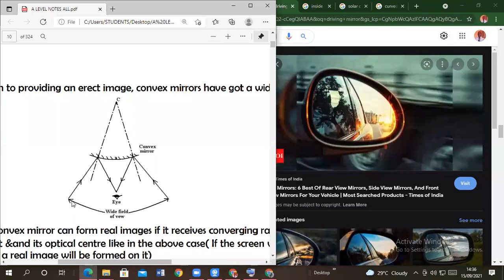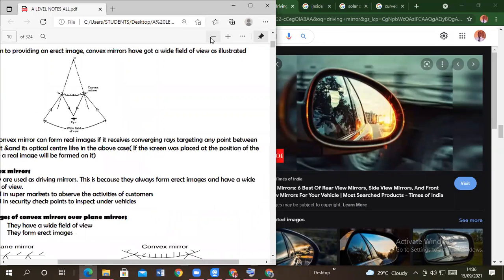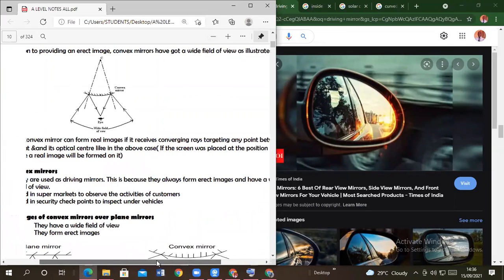All these objects which are far at this other end will be observed, because the mirror, because of its curved nature, gives a wide field of view. Also, the images observed through this mirror are going to be erect, or upright, images.